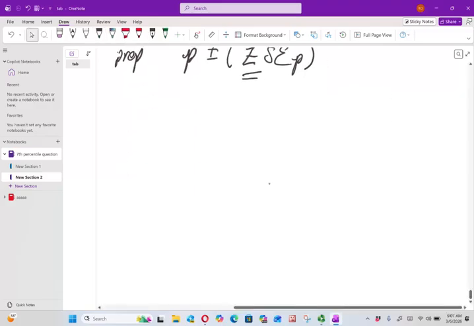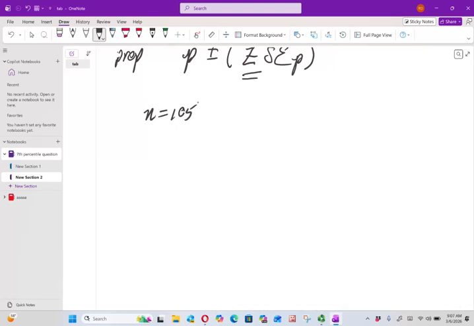So if we have a proportion from 105, p is equal to 0.73, and we want a 95% confidence interval.